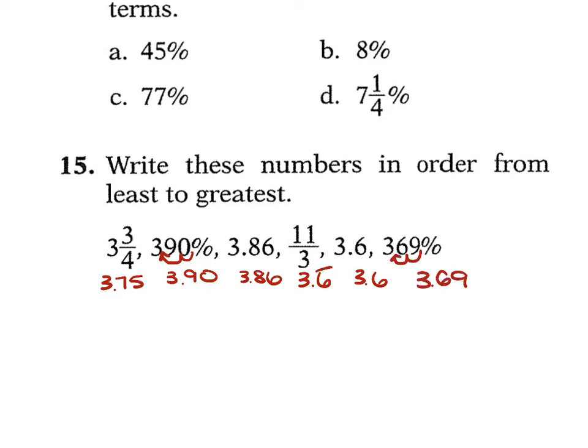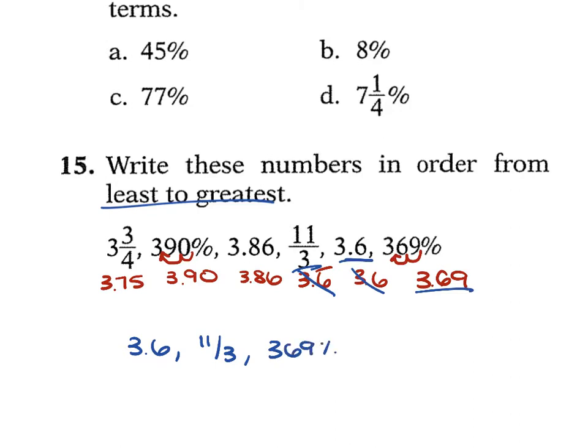So to put these in least to greatest, the lesser of all of these numbers is the 3.6. Remember, we're using the ones that they give us. Then from there, we have the 3.6 repeating, so the number they give us to go with that is the 11 over 3. Next would be the 3.69, so that's 369%.